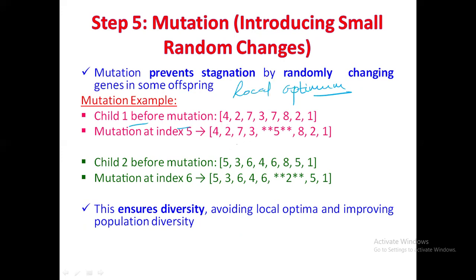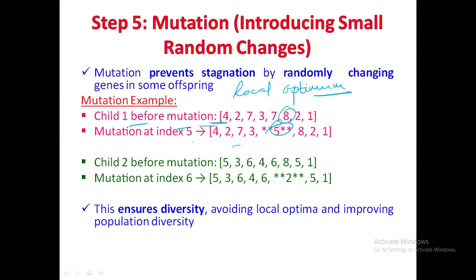For example, in child 1 we are introducing 3 5. In this child, 1 3 5 1 8 6 8 5 1, a mutation may change the value 8 at position 6 into 3.